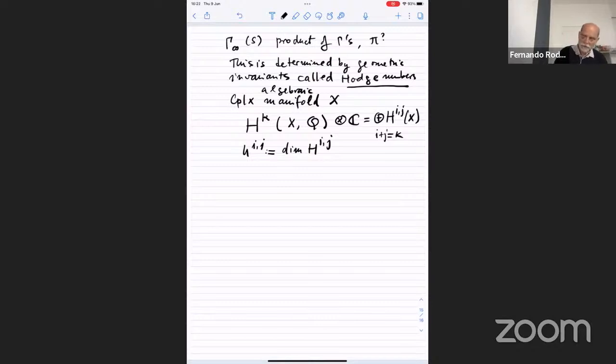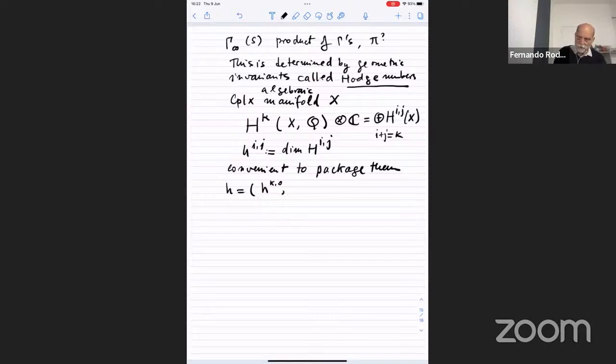So these are the Hodge numbers, and it's convenient to package them into one vector, which I'll just call H. For us, the only case that will matter is exactly when k is kappa, the dimension of the variety that we were discussing before.